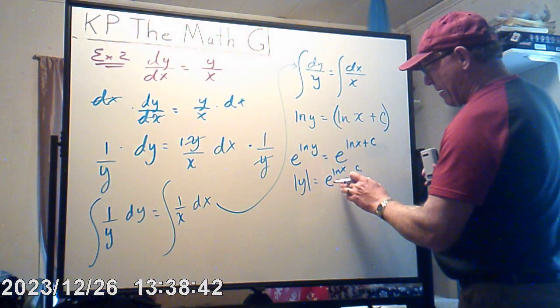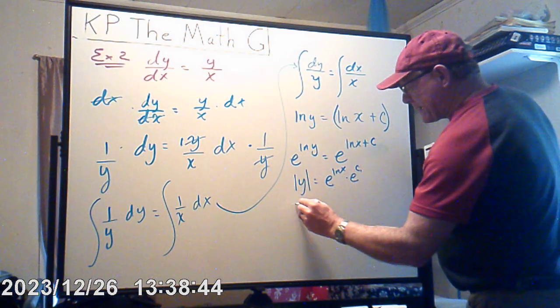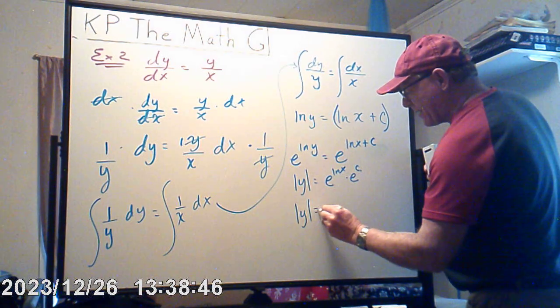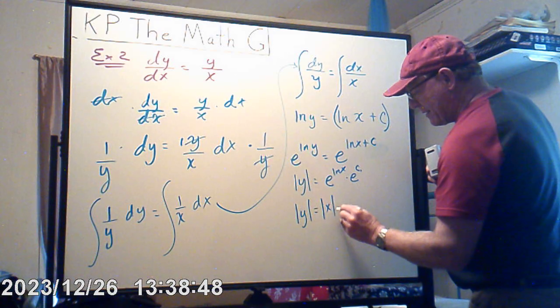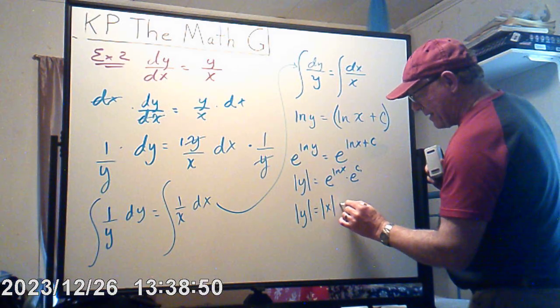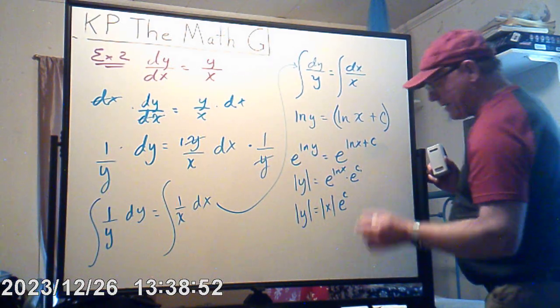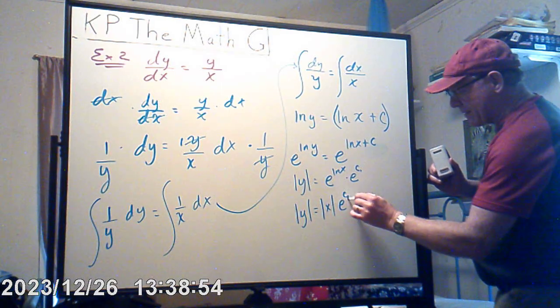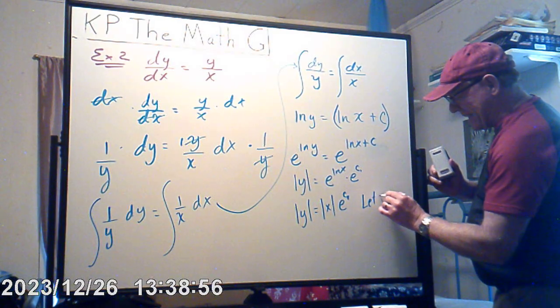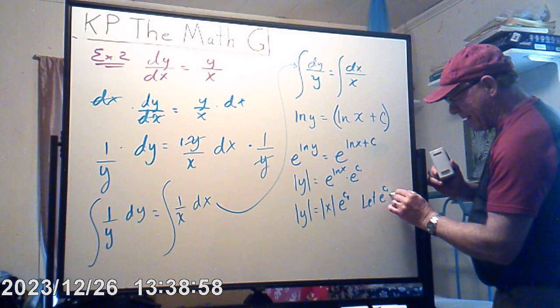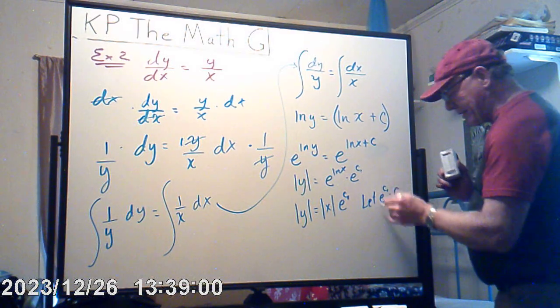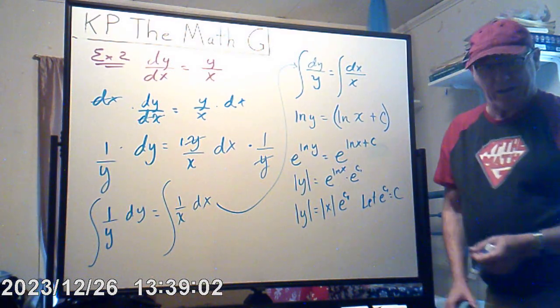Alright, so now e to the ln x is just x. Alright, e to the c1. Now remember we said let e to the c1 equal just c. This is a constant, this is just a number anyway.